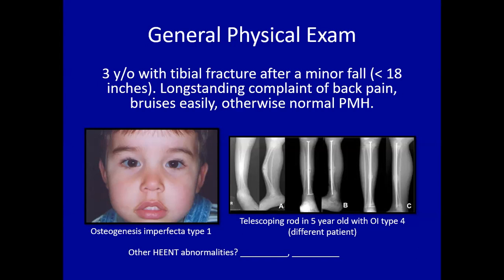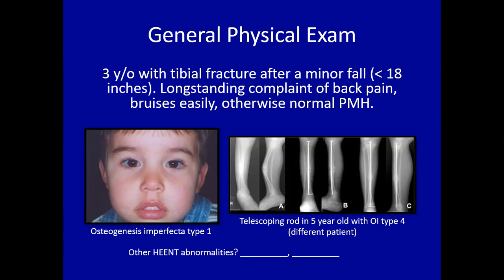So this kiddo here, in this child with osteogenesis imperfecta type 1, what kind of HEENT abnormalities can you see? So the case reads, a 3-year-old with tibial fractures after a minor fall has a long-standing complaint of back pain and bruises easily, otherwise has a normal past medical history.